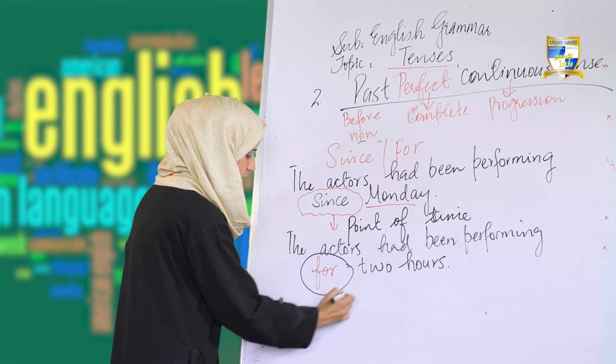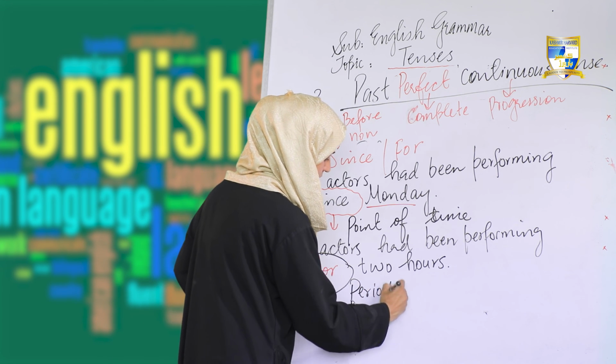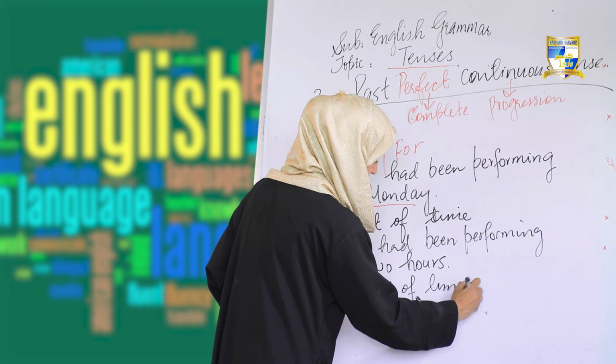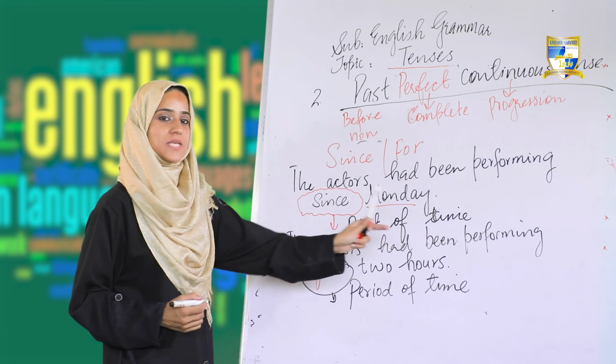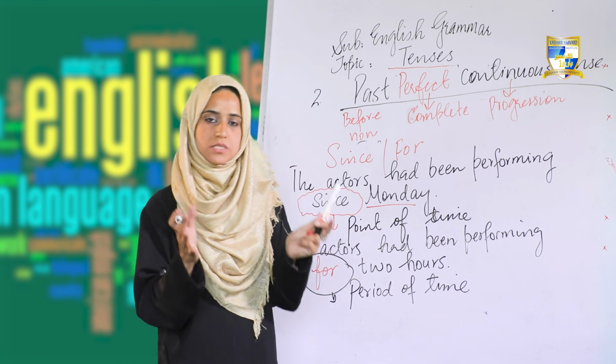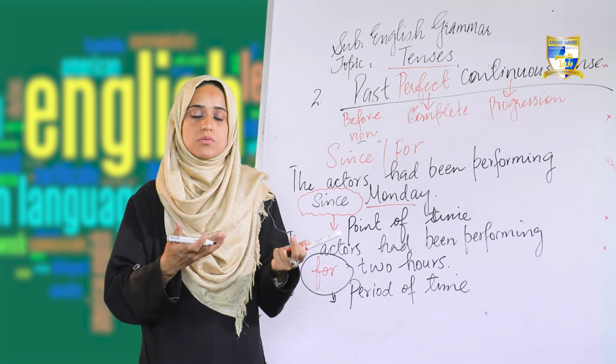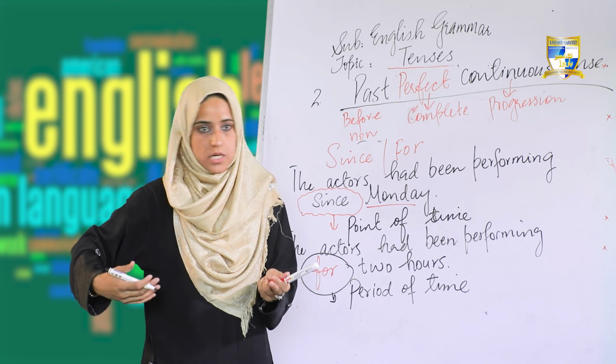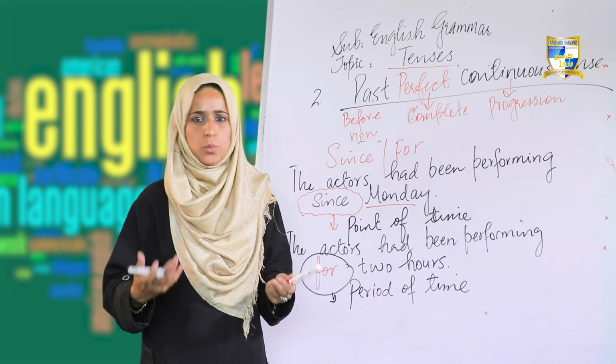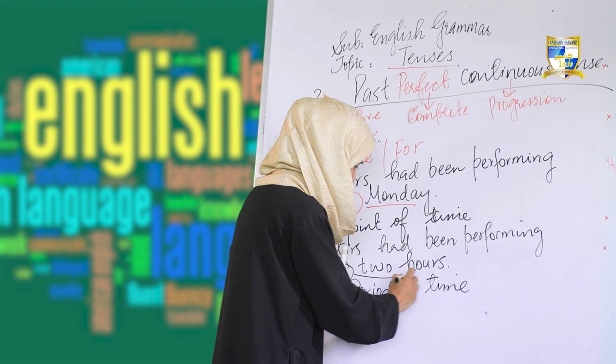It indicates a period of time. You are just mentioning the period of time. You don't know which 2 hours, when those 2 hours started, in the morning, in the evening. We are just mentioning the period of time, that is 2 hours.